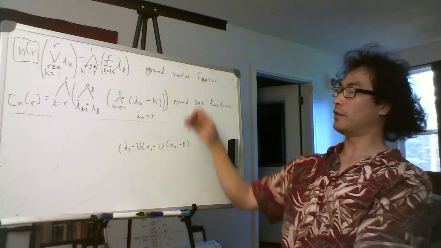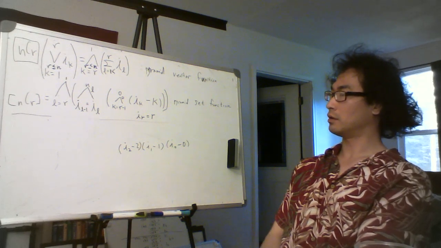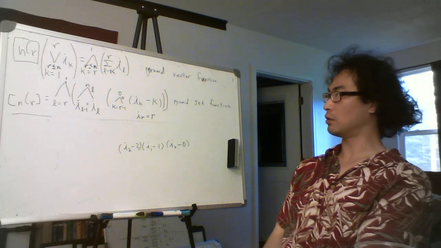And the pyramid vector function, how did it go?